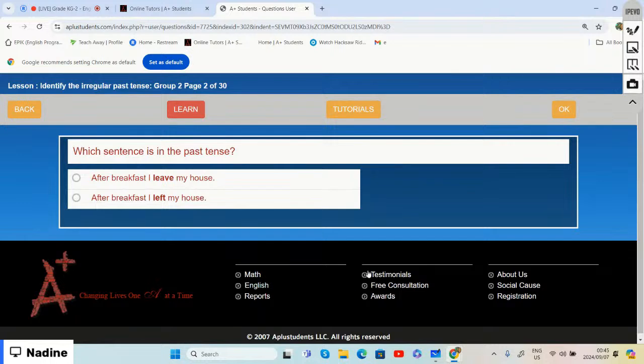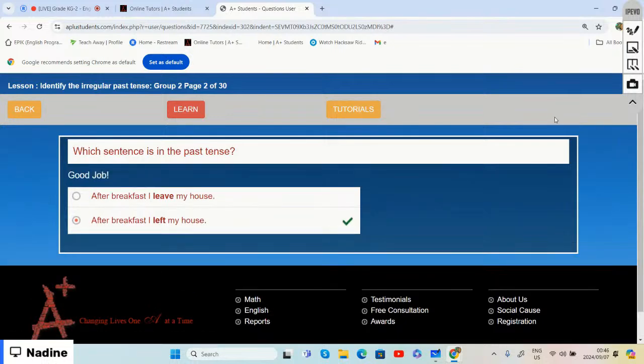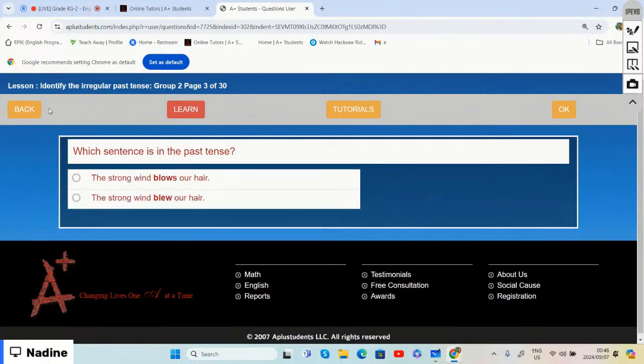All right, and if we were to choose the correct one, we would say after breakfast, I left my house. So left is our irregular past tense.